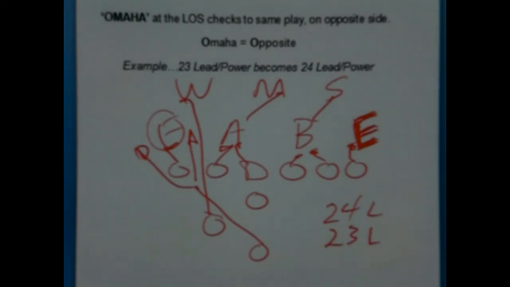Now, as we did before, let's take a look at what happens over here. Remember in that other session we talked about what happens if somebody walks up. How do we handle it when we've got 23 lead called and that guy's up in here? Well, remember that goes from being lead to power.